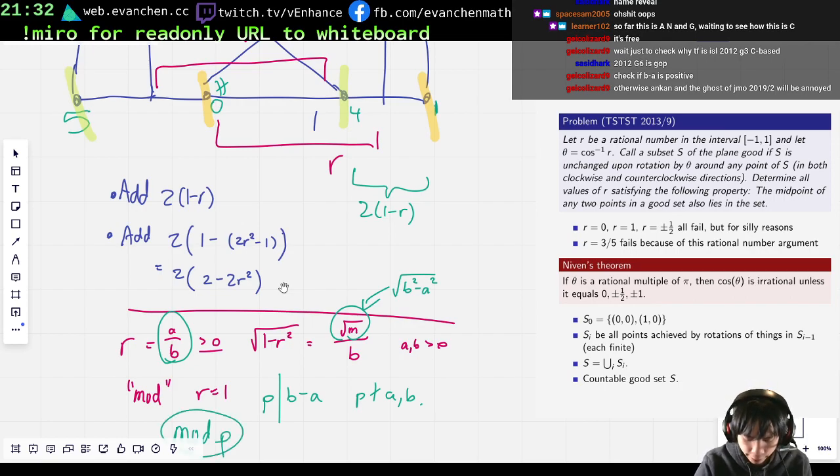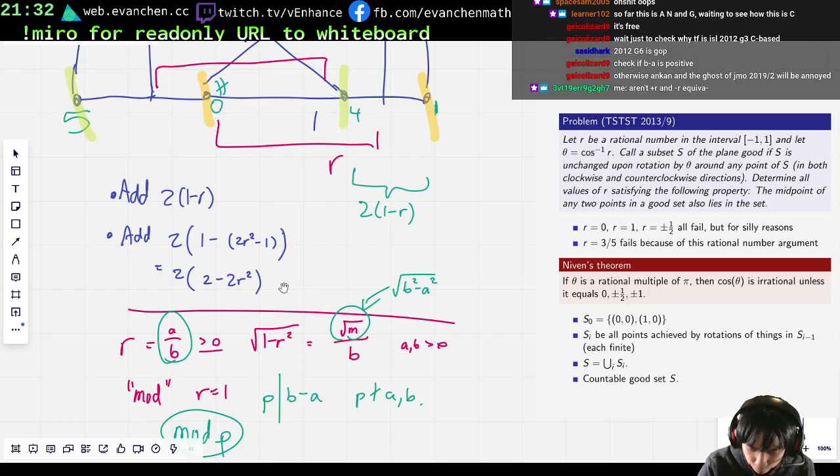And well, the claim is that every coordinate that shows up will be of the form q plus some rational number and then some other rational number times root b squared minus a squared.